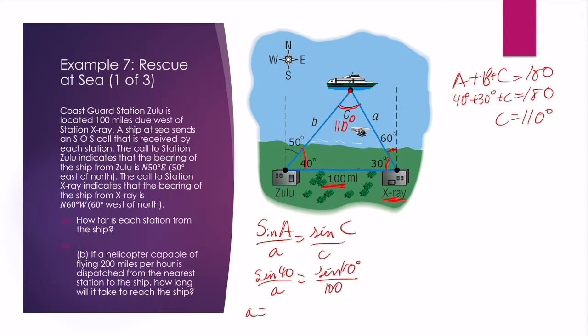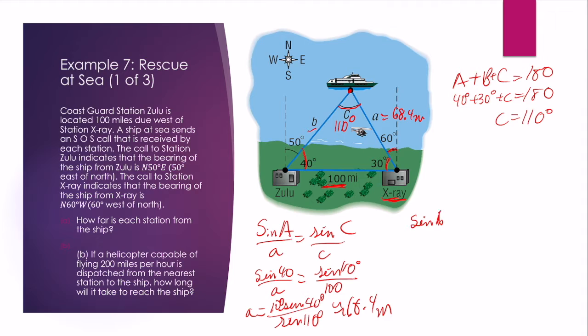So I get that A is 100 sine 40 degrees over sine 110, that's about 68.4 miles. So side A is 68.4 miles. Now I can solve side B the same way.